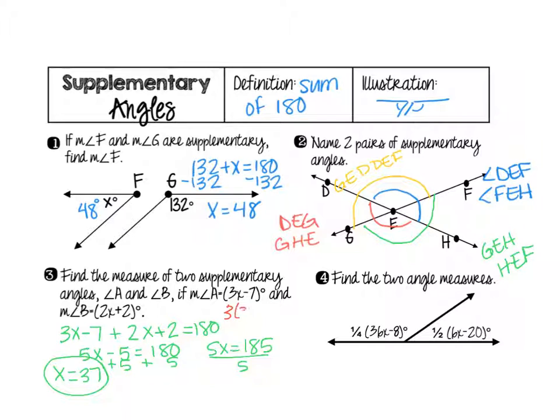So 3 times 37 minus 7 is going to give me 104 for angle A. And then for angle B, it would be 2 times 37 plus 2 gives me 76 for angle B. So angle A is 104 and angle B is 76. Sorry, that's kind of scrunched up right there.